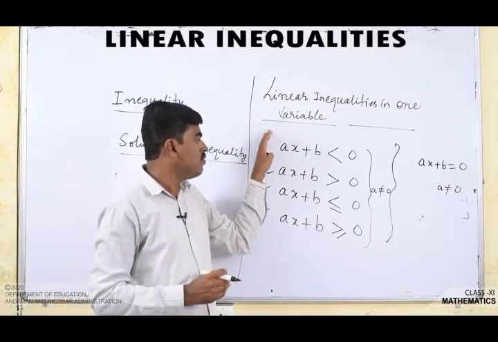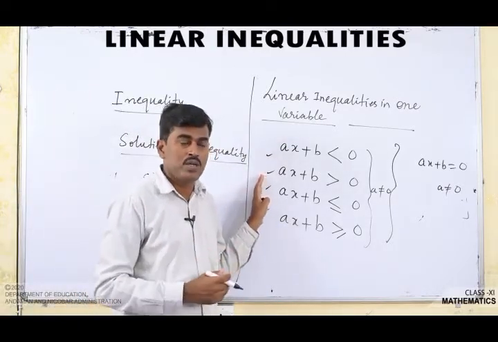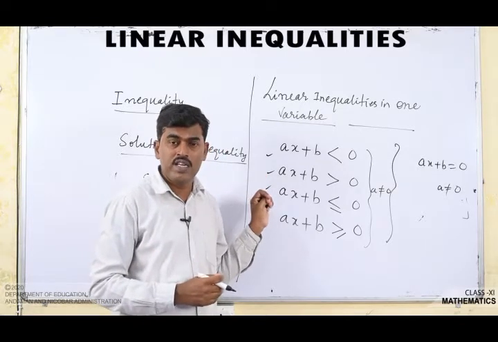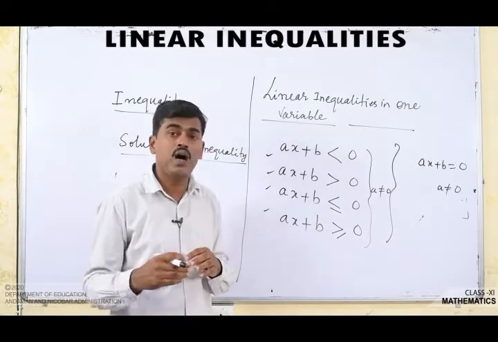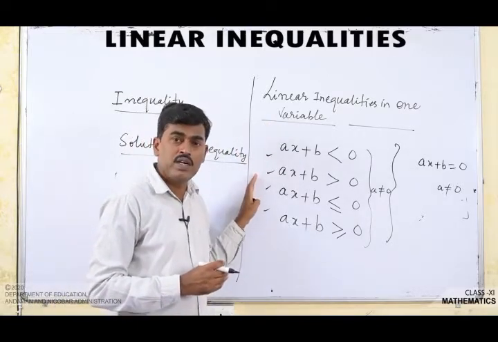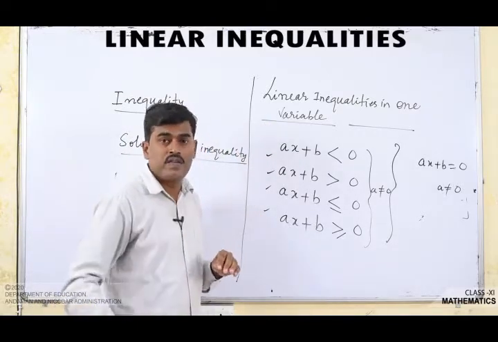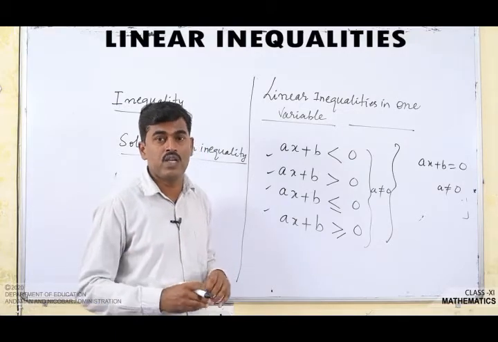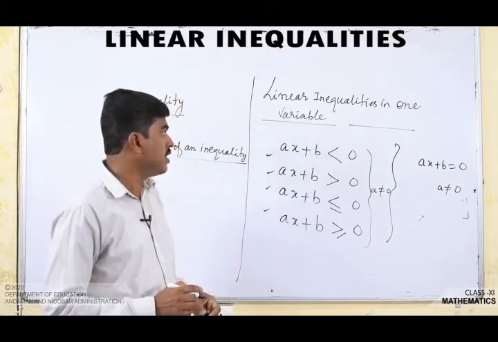First of all, we will see the algebraic solution of these linear inequalities in one variable, and we will also see how to represent the solution graphically on the number line. Okay.